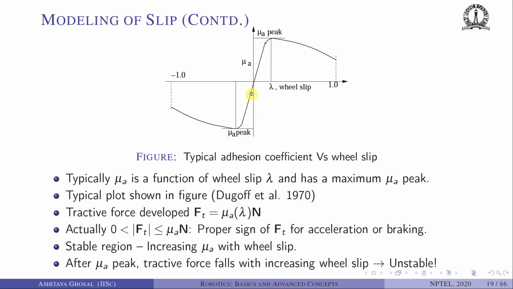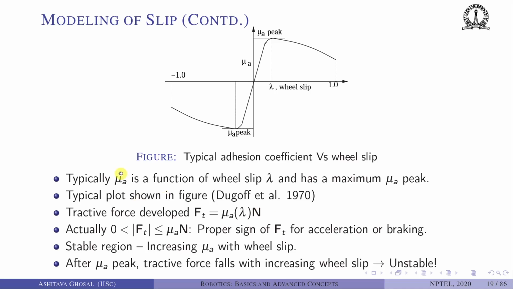In the other direction it will also increase up to some peak value. After that it starts decreasing. This is a typical plot of a wheel which is slipping and rolling. This has been known from automobiles and aircraft wheels which are landing and so on.